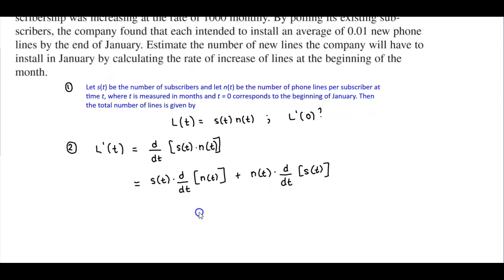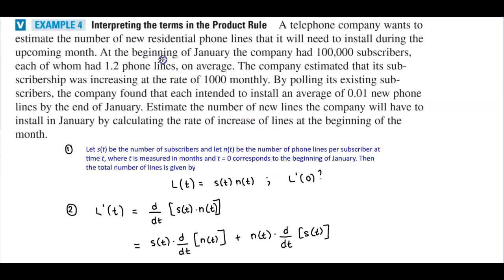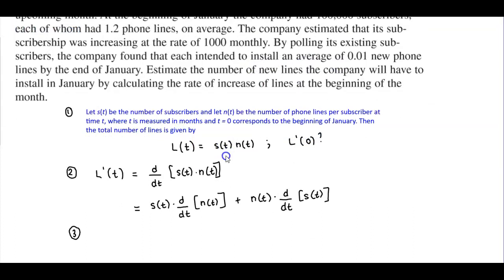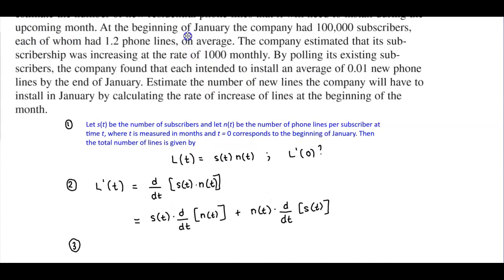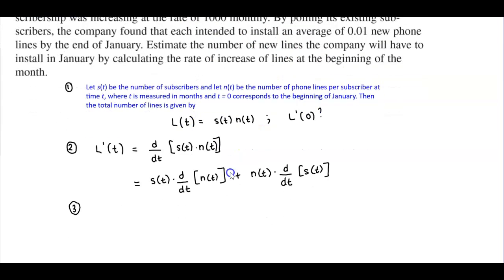Now, we are also given some information in this problem. It says here that at the beginning of January, the company had 100,000 subscribers. The beginning of January starts at time t equal to 0, so we are given the fact that S of 0 is equal to 100,000.